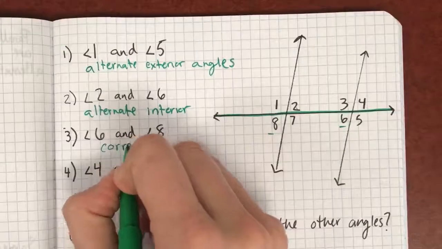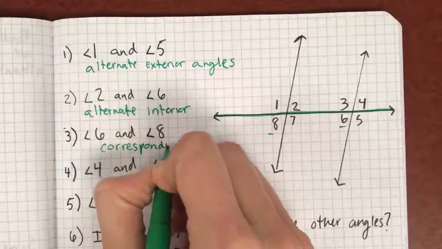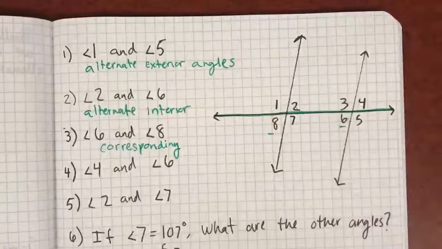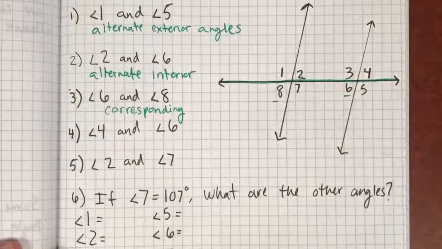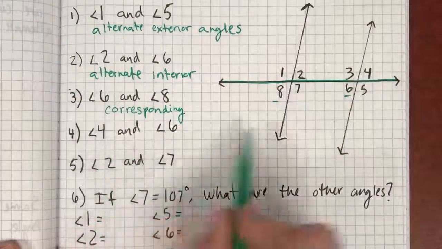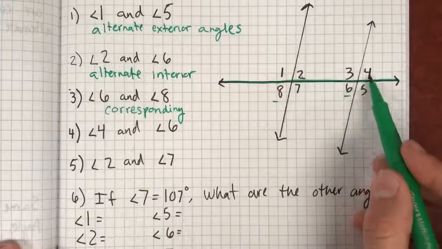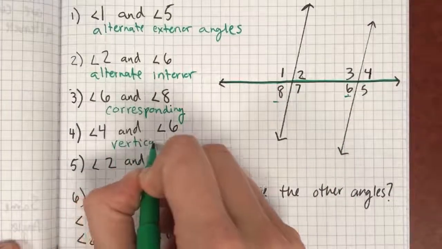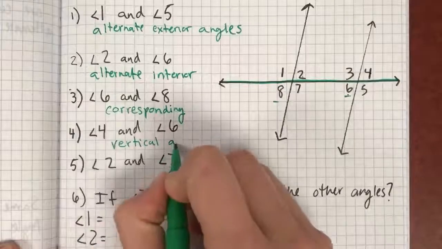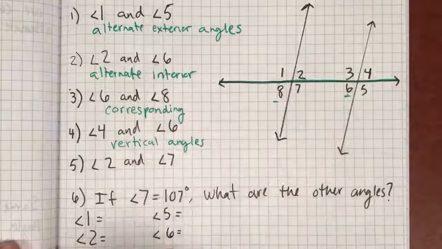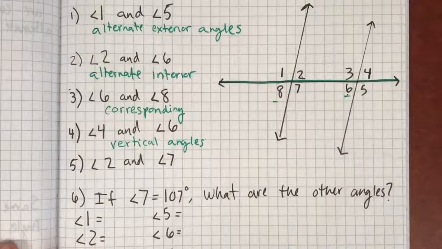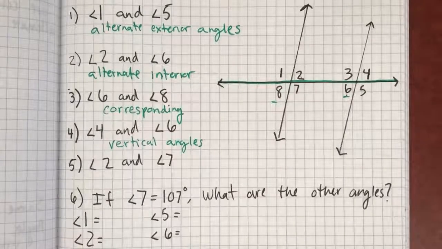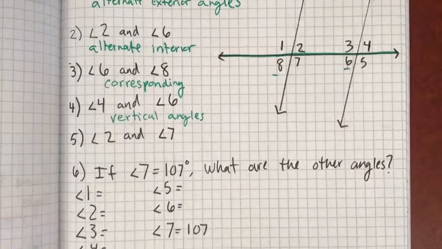So those are corresponding. 4 and 6. Okay, those are vertical angles, which are also congruent. Okay, and vertical angles are from one of our previous videos.